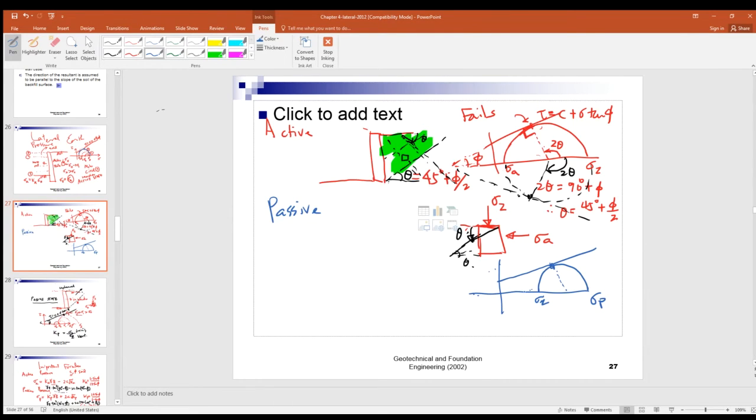Okay, so you got what? It fails here. Okay, and you have the clockwise 2 theta. And here, 2 theta plus what? That's phi, right? 2 theta plus phi equal 90 degrees, right? Theta is equal to what?